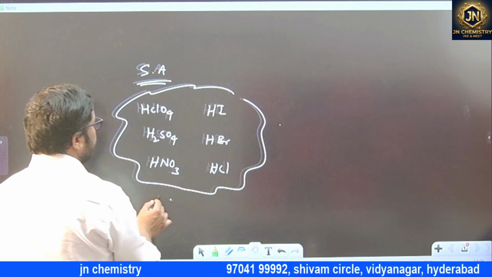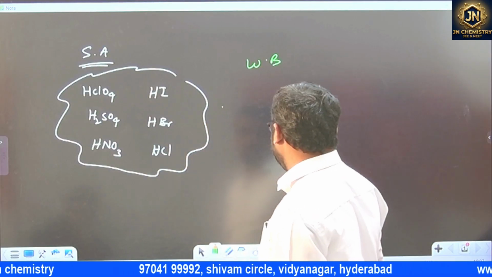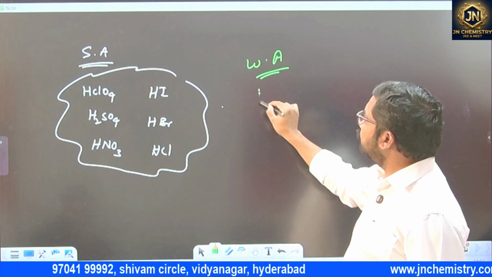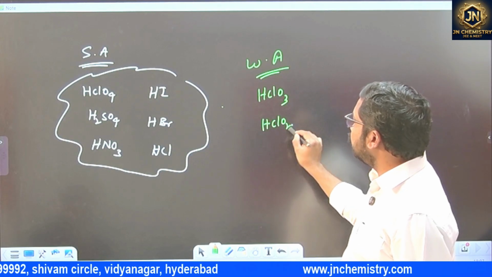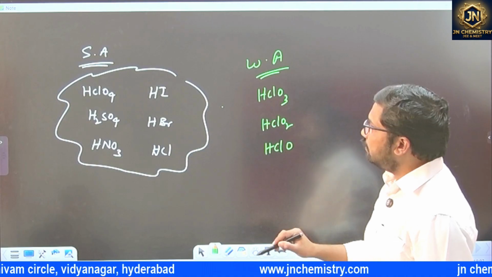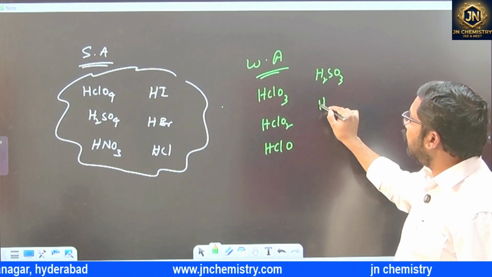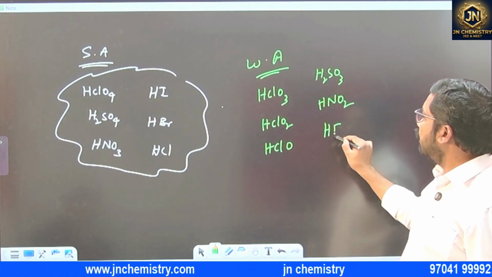I already told you. So weak acids, I told you. What are the weak acids? HClO3, HClO2, HClO, H2SO3, HNO2, right? HF, right?